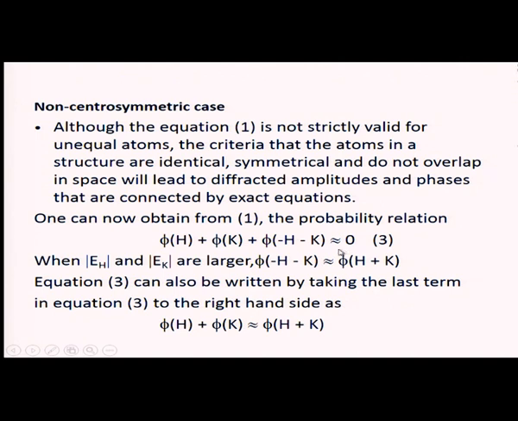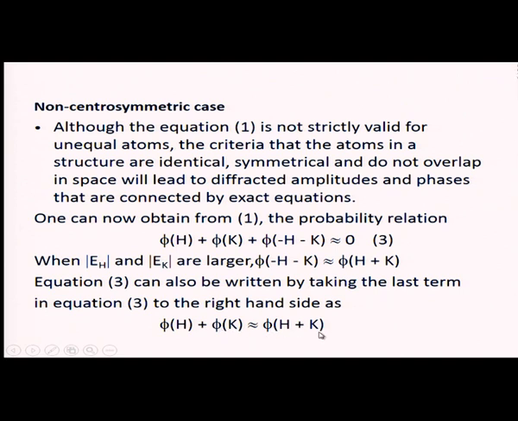Now, whenever the normalized structure factors, that is mod E h and mod E k, are larger, then your phi of minus h minus k will be nearly equal to phi of h plus k, and this equation can also be rewritten this way: phi of h plus phi of k will be nearly equal to phi of h plus k.